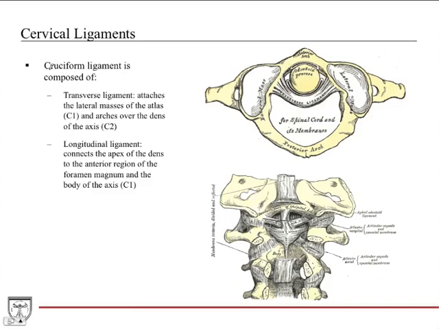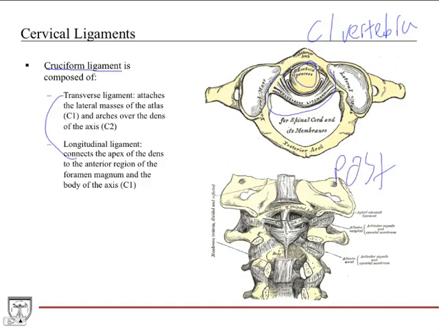Now, there are some unique cervical ligaments. There's the cruciform ligament, which is really two ligaments in one. The transverse ligament, which we've talked a lot about, is in the C1 here. So this is your C1 vertebra, and you have this transverse ligament. This is a great picture of it. It connects both lateral masses, and then it arches over the odontoid process coming up from C2. Then you have the longitudinal ligament, which, if you look at the posterior view here of the cervical spine, helps connect the apex of the dens to the anterior region of the foramen magnum.